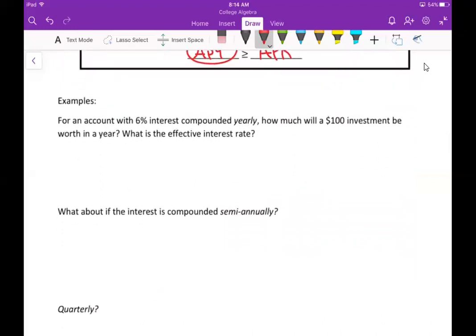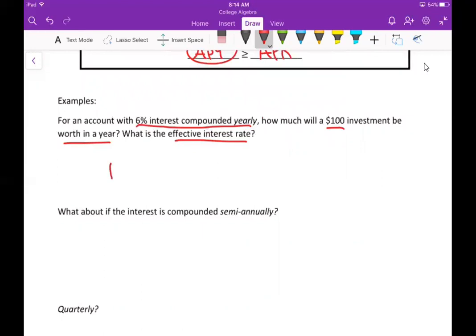What we've done before is we've said, okay, I've got a 6% interest compounded yearly. That's what we just did, right? Let's keep this simple. We're going to have a $100 investment and we're going to figure out what that's worth in a year and what the effective interest rate is. Break down that formula that we were just looking at.